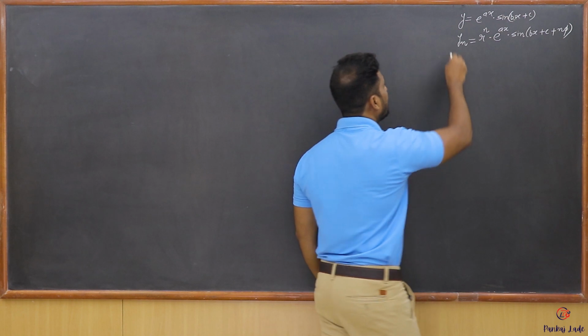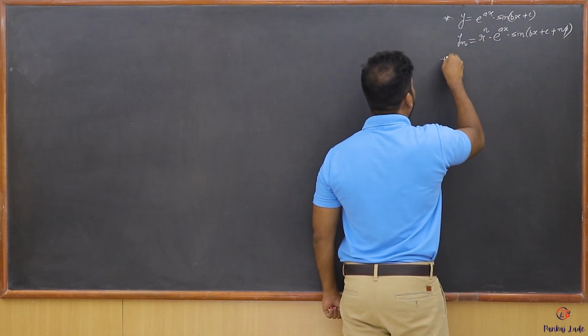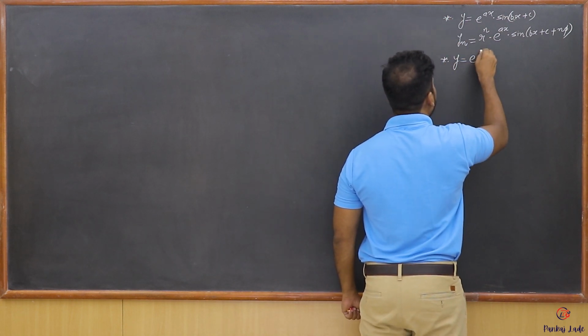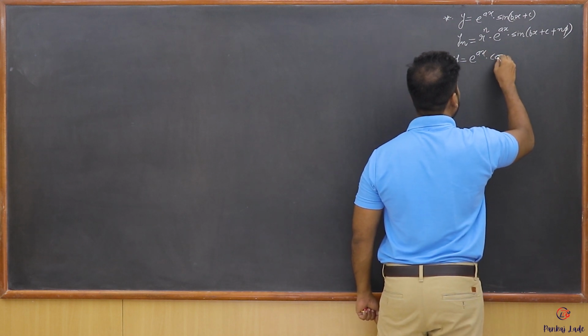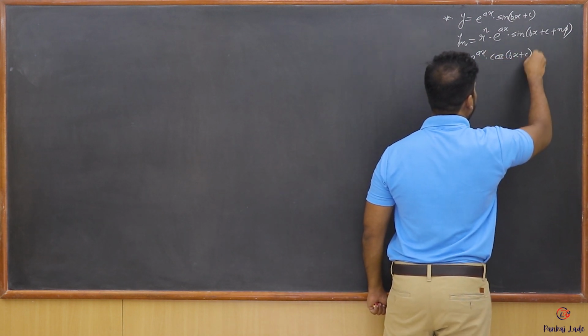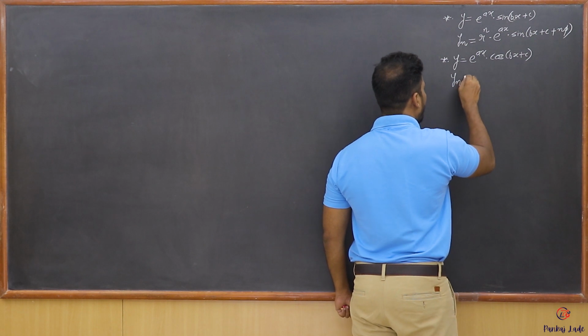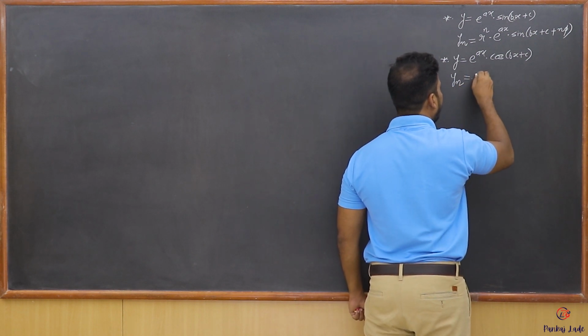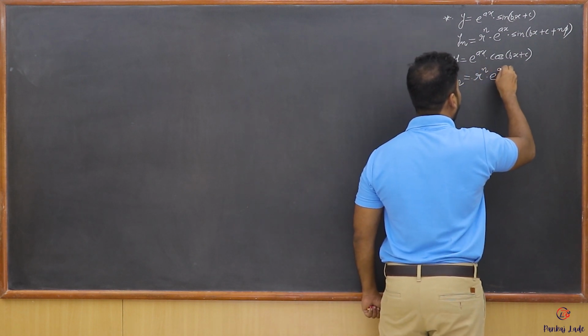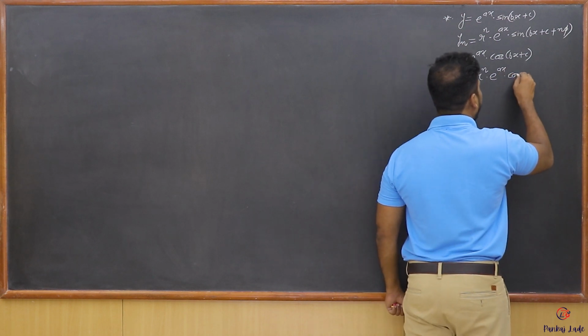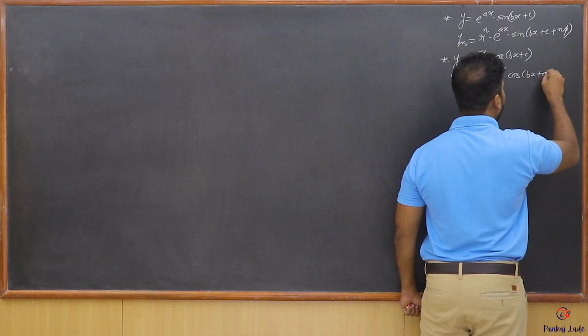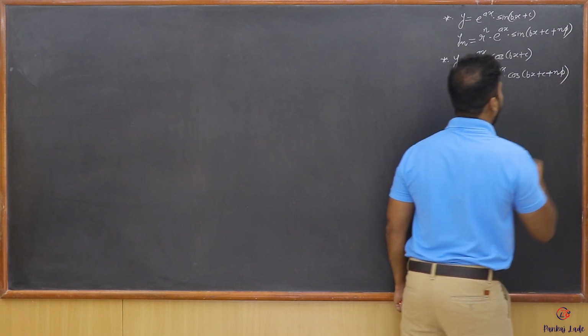So this is one of the derivations. And then the other derivation was for y is equal to e raised to ax into cos of bx plus c. Here we remember that yn is again given by r raised to n e raised to ax into cos of bx plus c plus n phi.